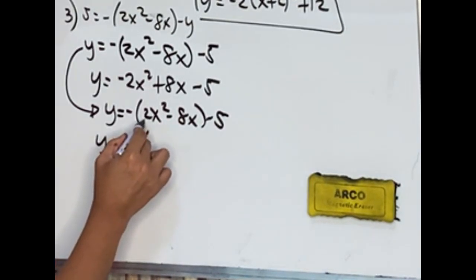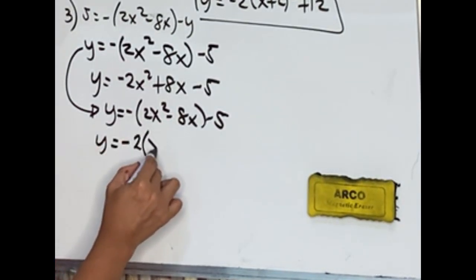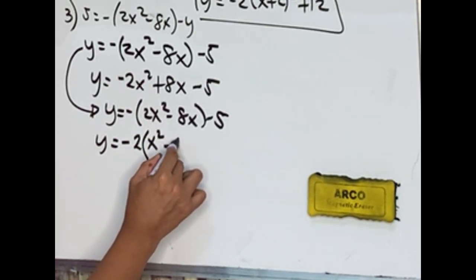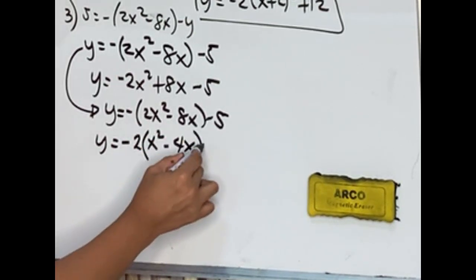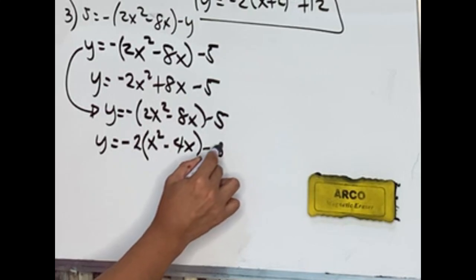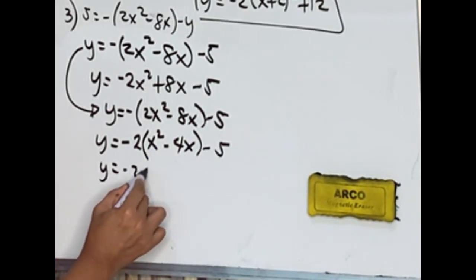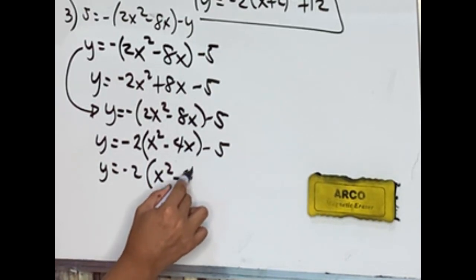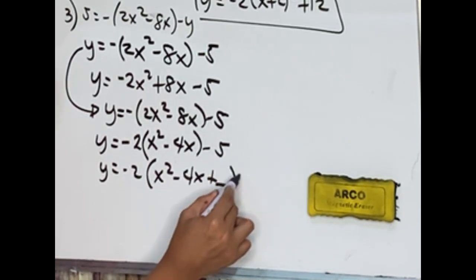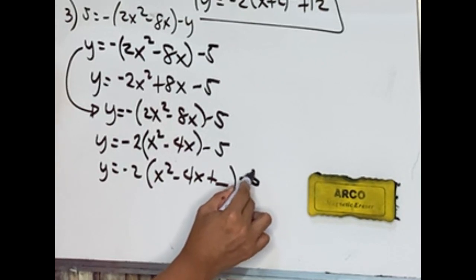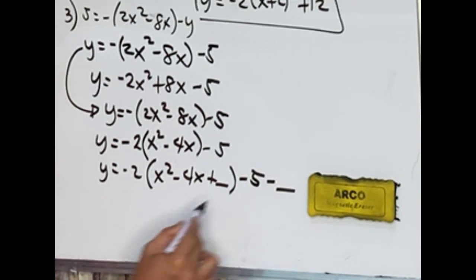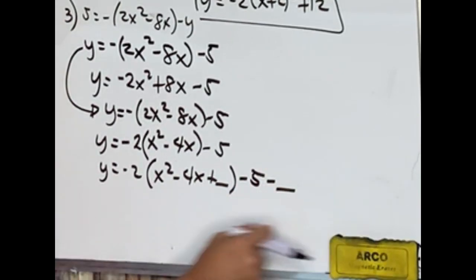So divide negative 2 in the binomial, so it will be x squared minus 4x plus 5. Now let us complete the square.